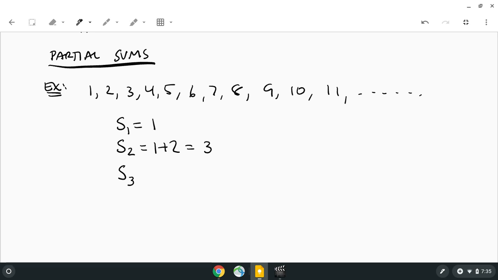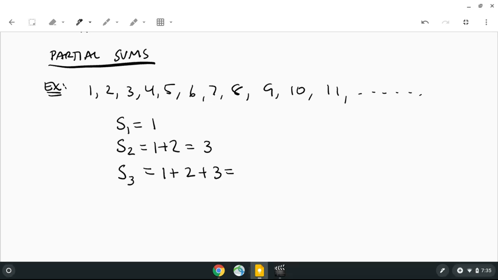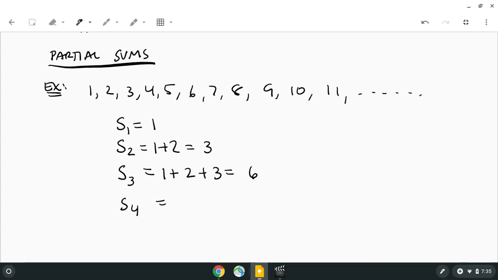S3 is used to represent the sum of the first 3 terms. So in this case, 1 plus 2 plus 3, and that would equal 6. And S4 would be the sum of the first 4 terms, 1 plus 2 plus 3 plus 4, and this sum would equal 10. And so on and so forth.